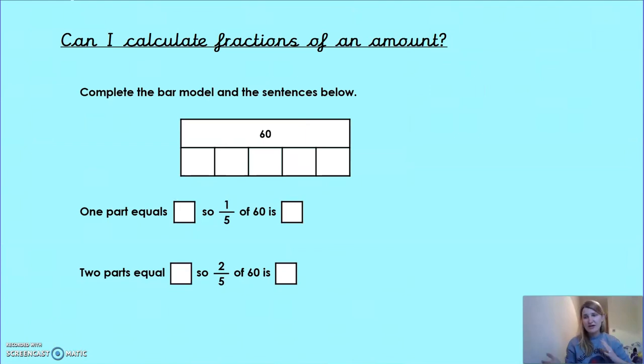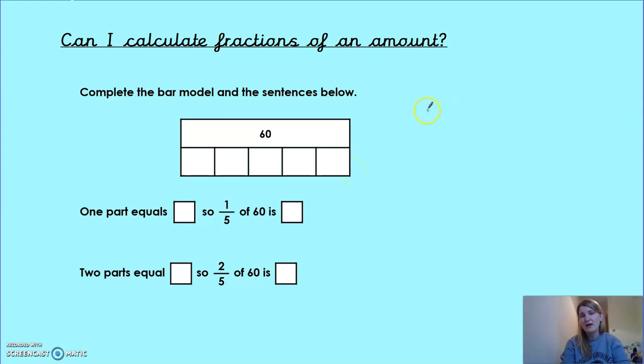Okay, so today really links and adds on nicely to what we did yesterday. So we've got a completing the bar model. Now these are often really useful when it comes to our fractions of an amount. So we can see our whole is equal to 60 and it's been cut into 1, 2, 3, 4, 5 parts.